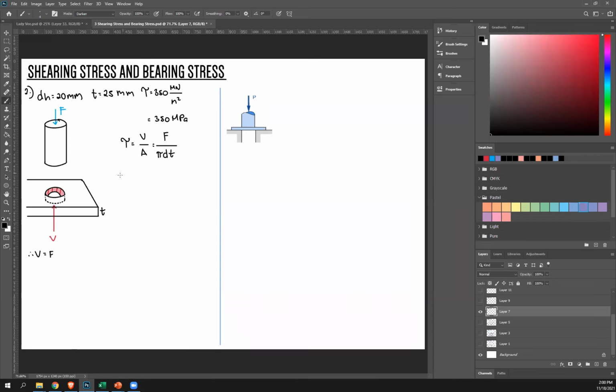And now let's substitute 350, which is the same as MPa. Force is what we're looking for, over pi times d, the diameter of your hole, which is given as 20, times thickness p, also given, 25. From this, please solve for F.